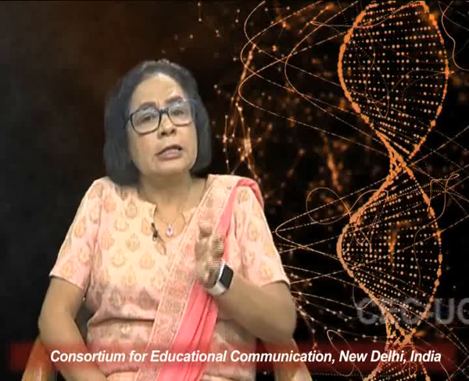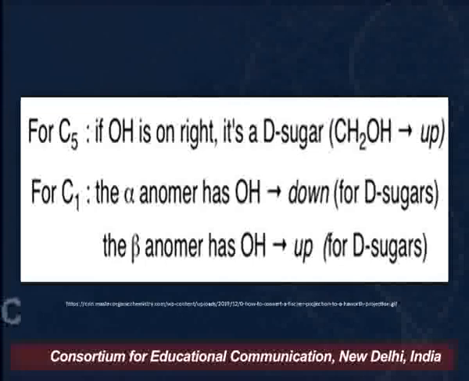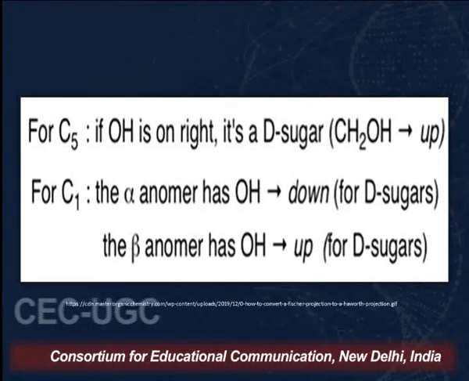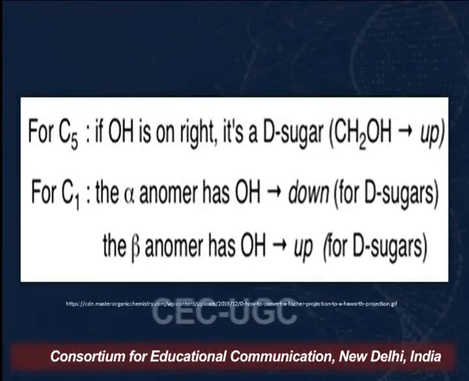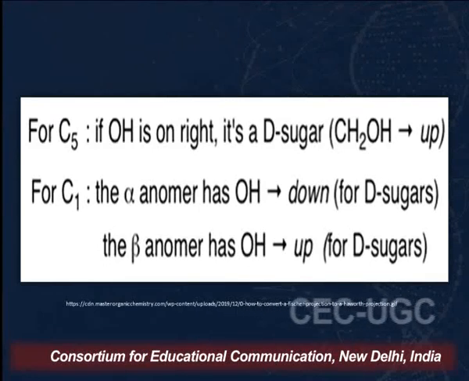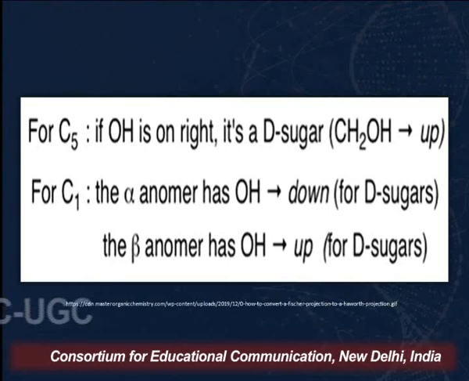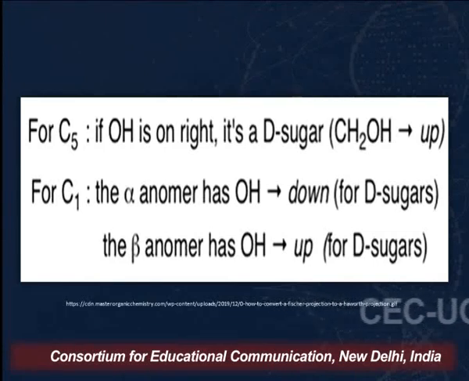And then the next thing you have to remember: if the molecule in the Fischer projection has D configuration, that is, the OH is on the right hand side at the fifth carbon, then the primary hydroxyl group will be written at the top, attached to the fifth carbon.